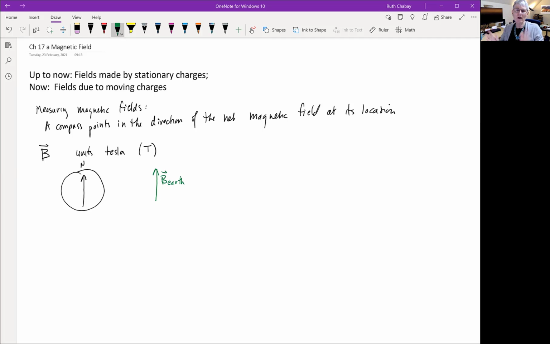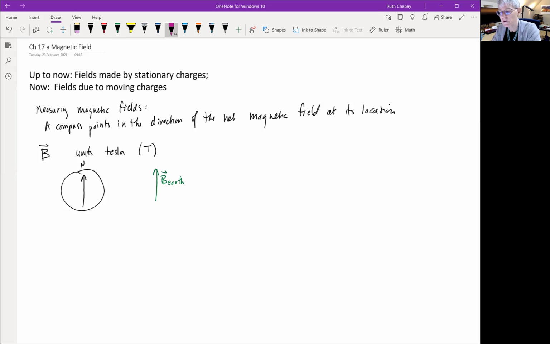Now that may be close to or far from the physical North Pole of the Earth, the pole around which the Earth's axis spins, just because the magnetic North Pole isn't exactly at the geographical North Pole, and the compass is going to point toward the magnetic North Pole of the Earth.